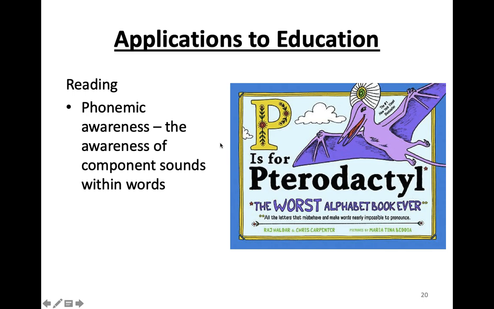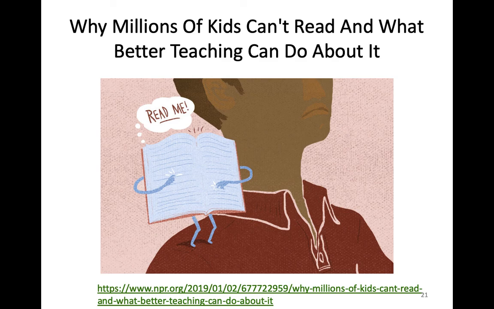So anyway, this is an example of nurture because the ability to read and phonemic awareness is an ability that needs to be taught. And so if we think about in terms of our cognitive abilities and developing different cognitive abilities, this would be very far on the nurture side of the continuum.